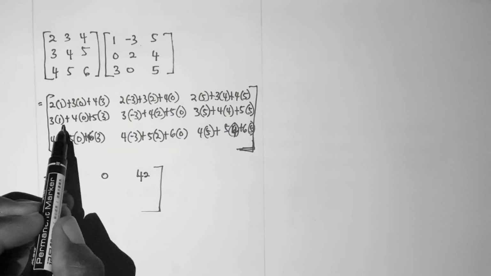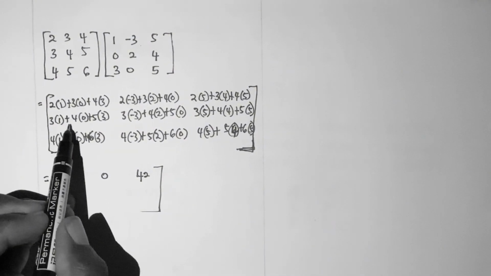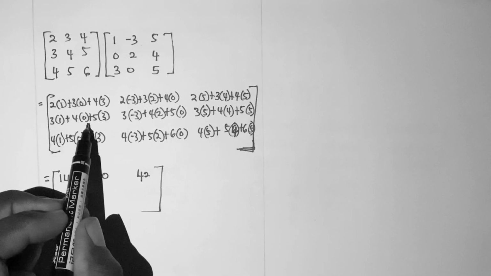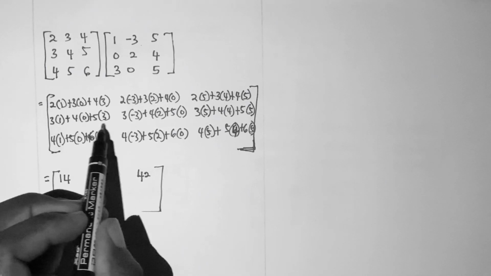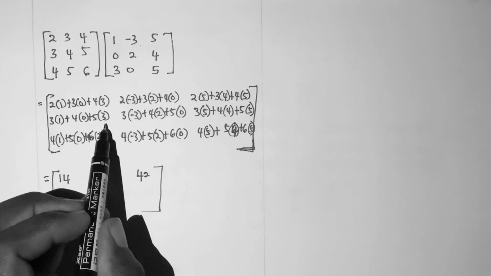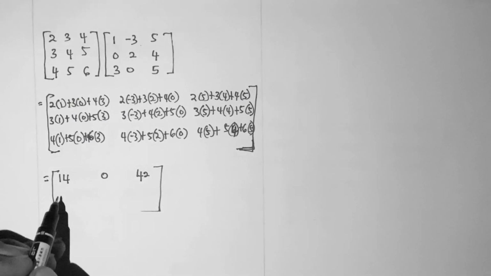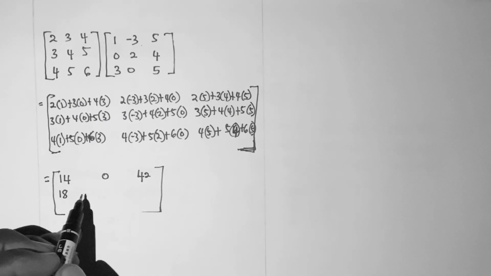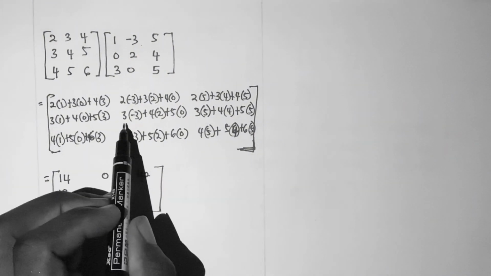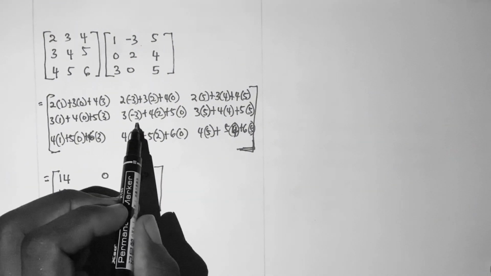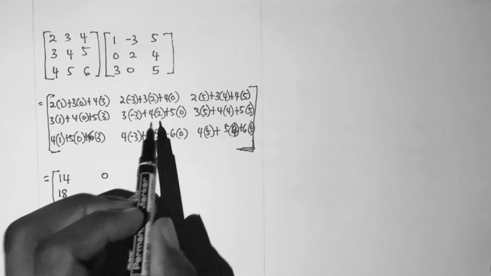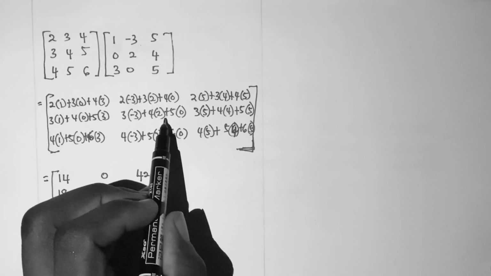Then here is 3 times 1. That's 3, plus 4 times 0, that's still 3. And plus 5 times 3, that's 15 plus 3. So here is 18. And then here is 3 times minus 3. That's minus 9. Then 4 times 2 is 8.